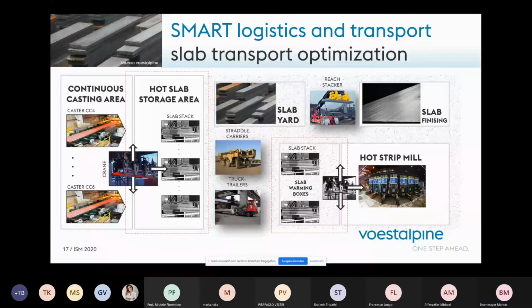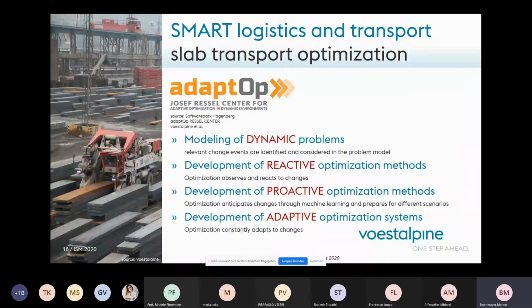And to master these extraordinary challenges, we also need excellent scientific partners, like the researchers working at the Adaptop Research Center. The research activities of this center are focused on adaptive optimization in dynamic environments. The situation I described is quite typical for the boundary conditions and the application of the solutions and methods coming from the Adaptop Research Center.